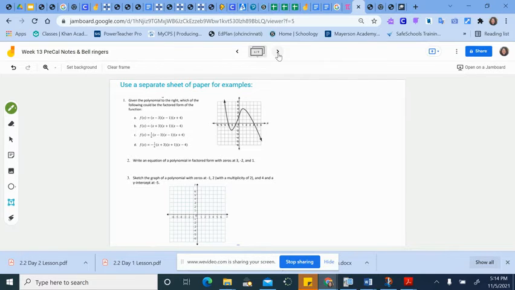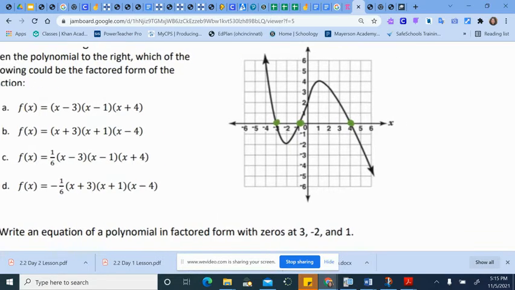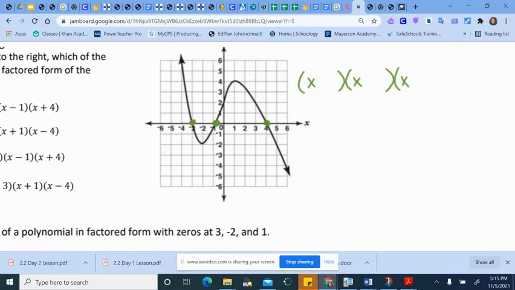It says, given the polynomial to the right, which of the following could be the factored form of the function? Well, first of all, let's look at these roots. We've got -3, -1, and 4. So I know I'm going to have x, x, and x, because it touches or bounces 3 different times.